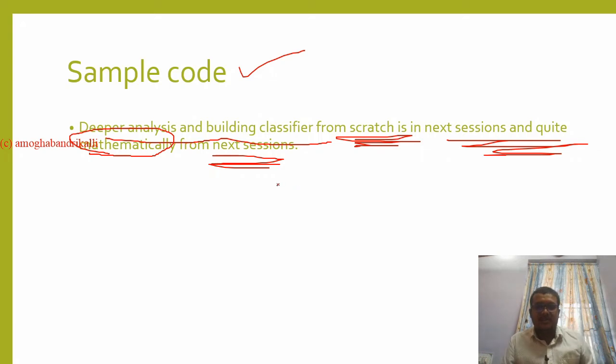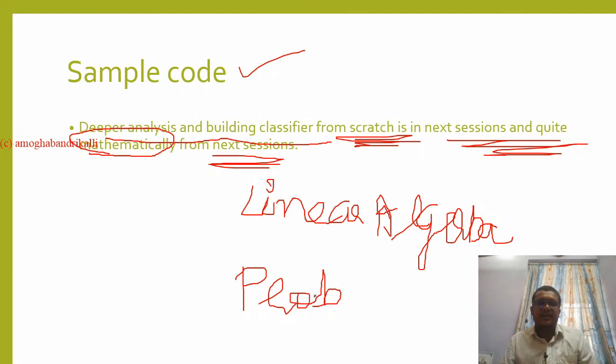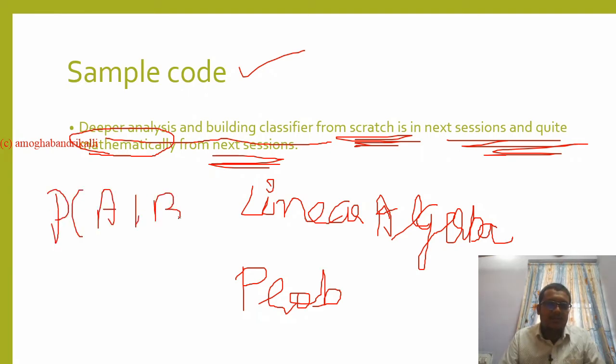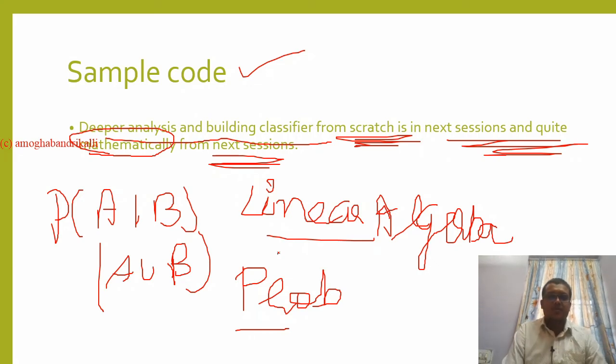So I would suggest you brush up your linear algebra, and your probability, the randomness of occurrence of events, and some features like A probability with B, or A union B. I will also cover them, but you can brush up on probabilities, linear algebra and all those things. Let us see some sample codes.